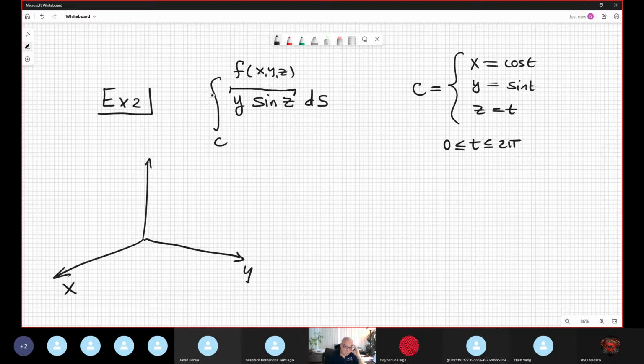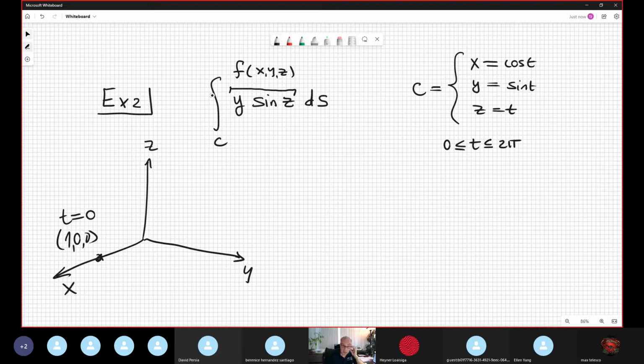Suppose t equals 0. Cosine 0 is 1, sine 0 is 0. So the point is 1, 0, 0. This is at t equals 0. At t equals pi over 2, cosine pi over 2 is 0, sine pi over 2 is 1, and z is pi over 2.